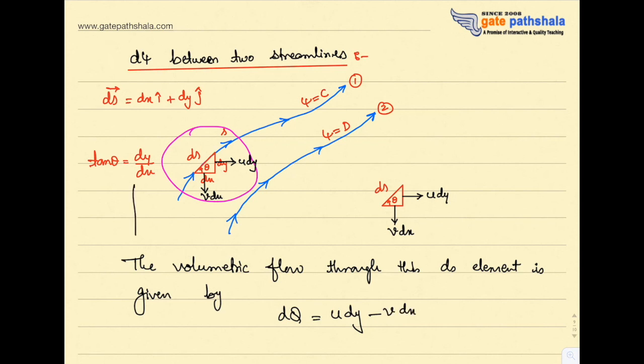Hope you understand. In the y direction, we have the flow rate in the direction opposite to the y direction. That's why we have minus v dx here.